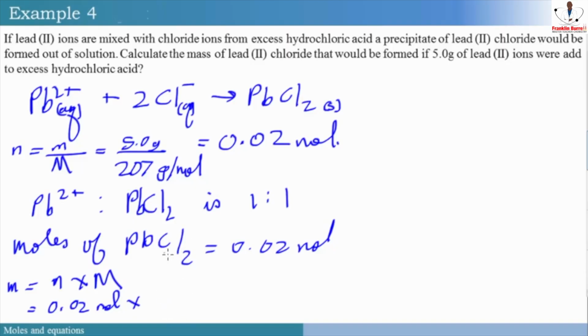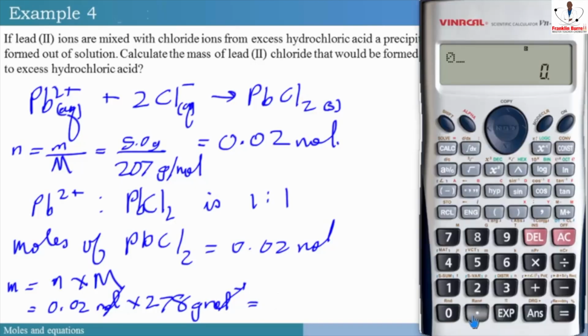Well, remember chlorine is 35.5, so it's 2 of them, so we must multiply that by 2, that is 71, plus lead, which is 207. And that should give you a molar mass of 278 grams per mole. So mole would cancel, and your answer is in grams.